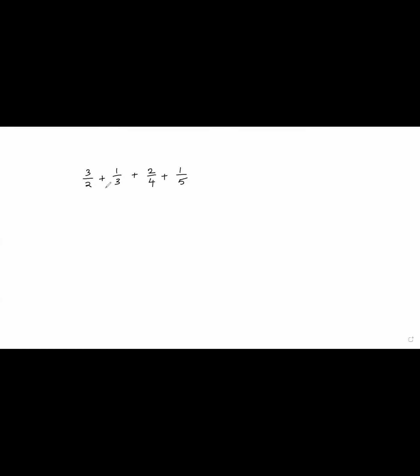See, this 3 is multiplying with some number here, again some number here, again some number here. So remember this point. The first numerator is multiplied with the remaining other fraction denominators.